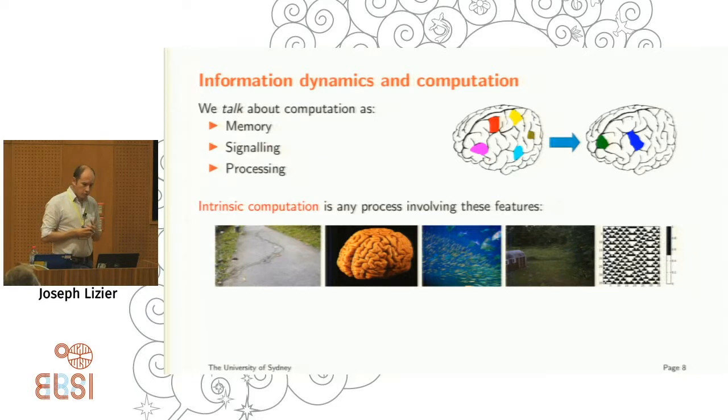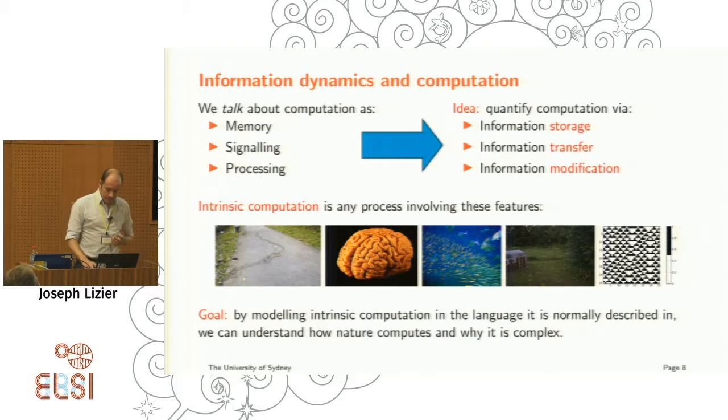So in order to try and address that question, to try and make this a bit more precise, we can notice that we talk about computation in all these systems qualitatively, using terms such as memory and signaling and processing. And so what we want to do is to try and quantify computation, to quantitatively model intrinsic computation in a similar language to the way it's normally qualitatively described.